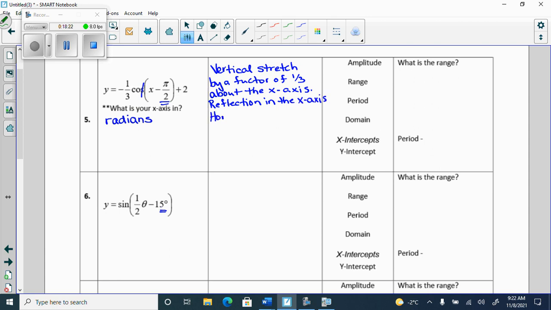We have a horizontal phase shift. Yep. Pi over 2 to the right. And a vertical displacement.